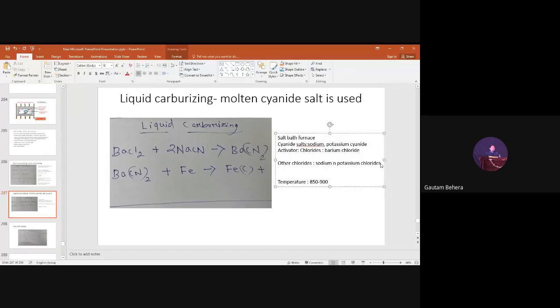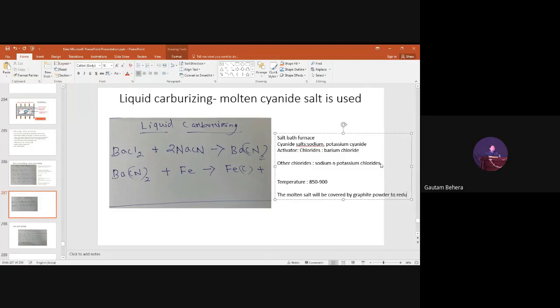And the important point is, you remember, the molten salt will be covered by graphite powder.